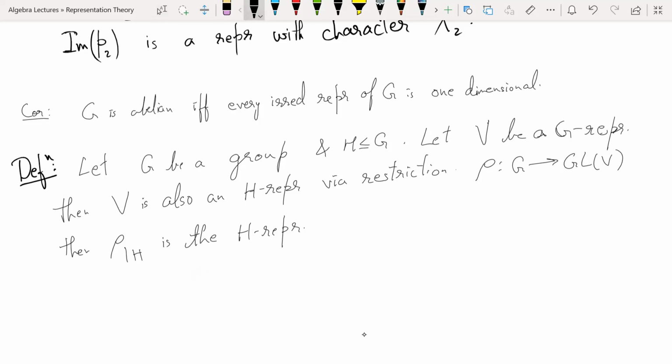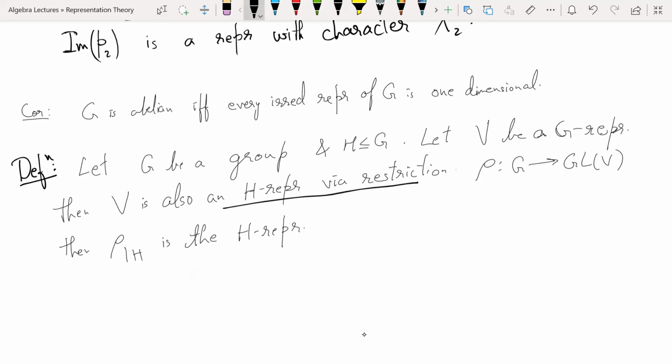The map rho from G to GL(V) is restricted to rho restricted to H. You're just letting elements of H act, and not the whole of G. So V, you can view it as an H representation as well.